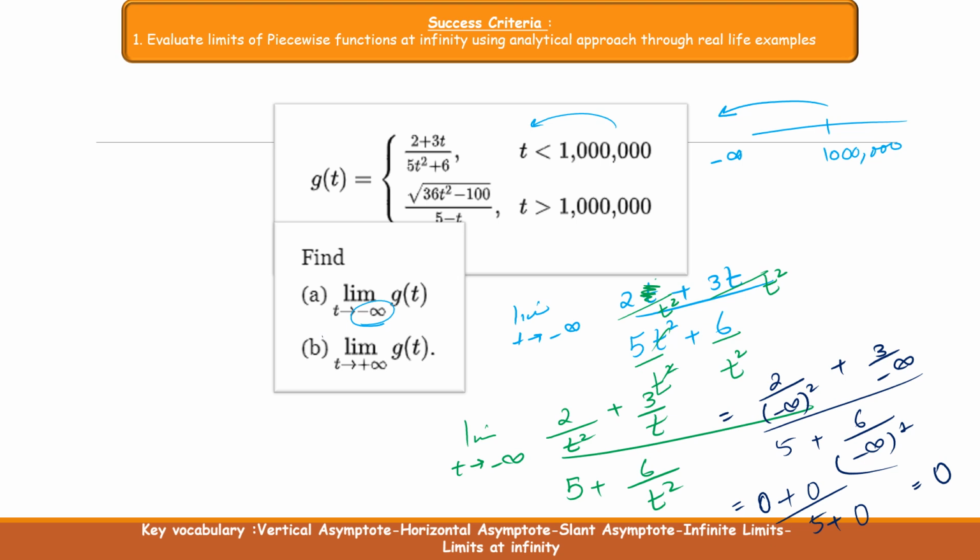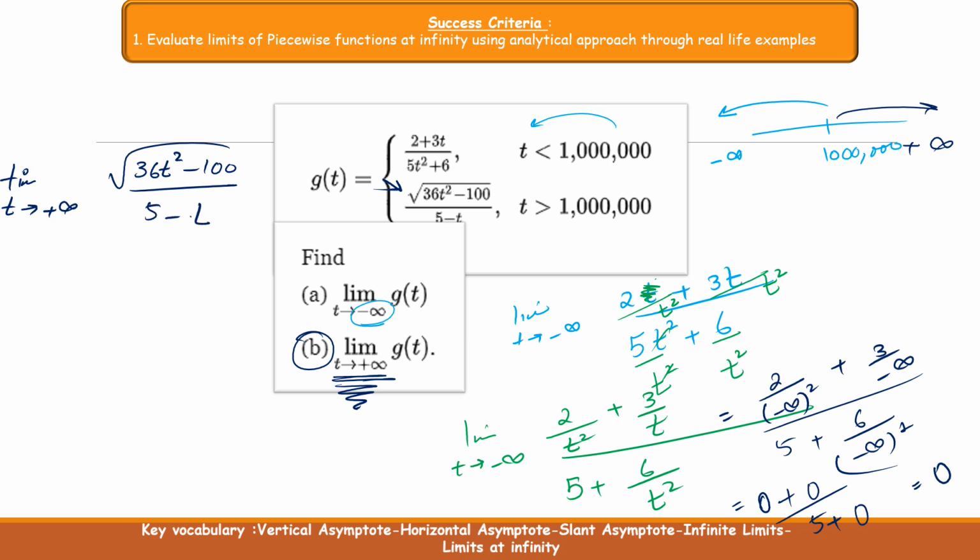Now the second part, B, is t approaching positive infinity, which means the right hand side. On the right hand side, t is greater than 100,000, which means we are going to take our second equation. So limit as t approaches positive infinity of the square root of 36t squared minus 100, divided by 5 minus t.